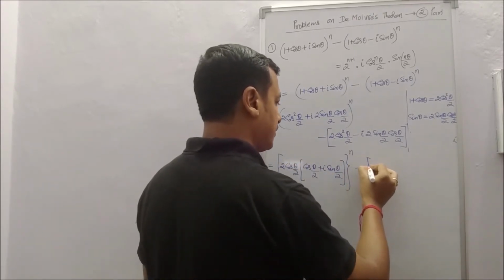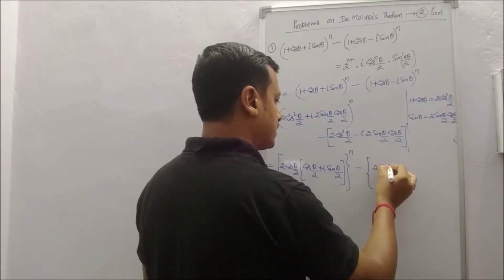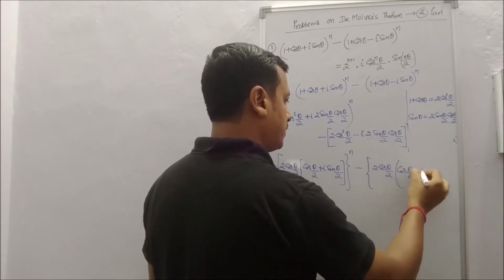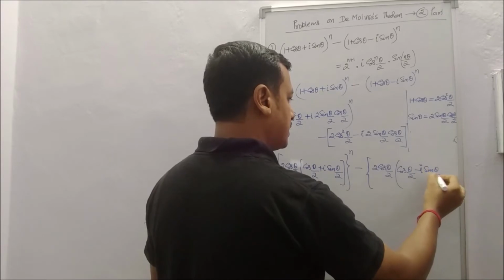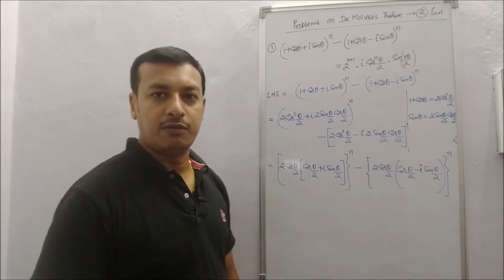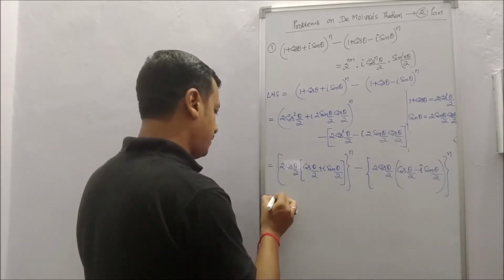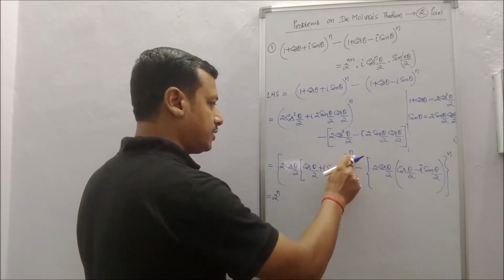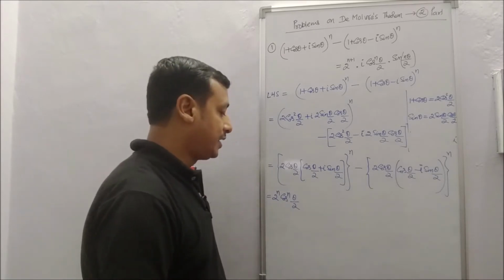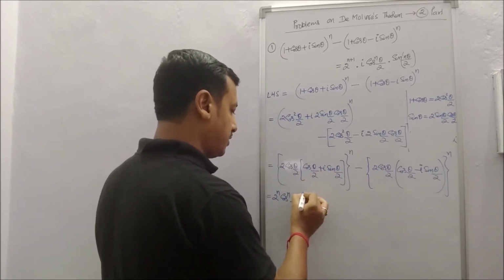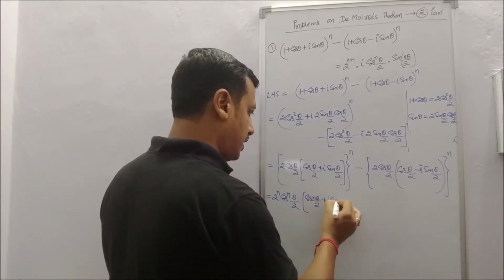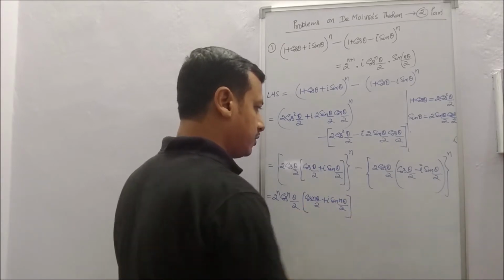Similarly, 2 cos(θ/2) common, we have cos(θ/2) − i sin(θ/2) whole to the power n. Now using De Moivre's theorem, this term will be 2^n cos^n(θ/2), because there is power n, and by using De Moivre's theorem this is cos(nθ/2) + i sin(nθ/2).